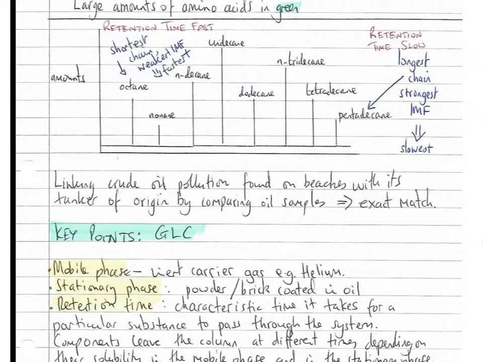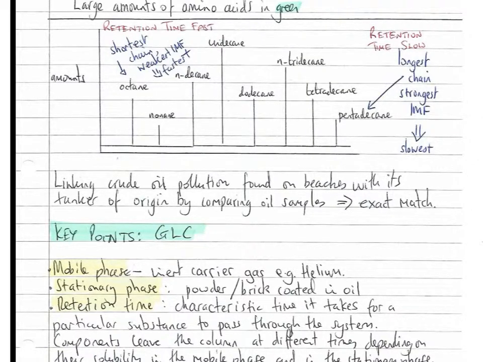Again, we've got time on the x-axis and we have the amounts on the y-axis. Different samples of oil from around the world would have different amounts of different alkane chains. In this particular sample, we've got octane, nonane, decane, undecane, etc. Let's say it's Saudi Arabia, they might have a higher level of octane and a lower level of n-decane.